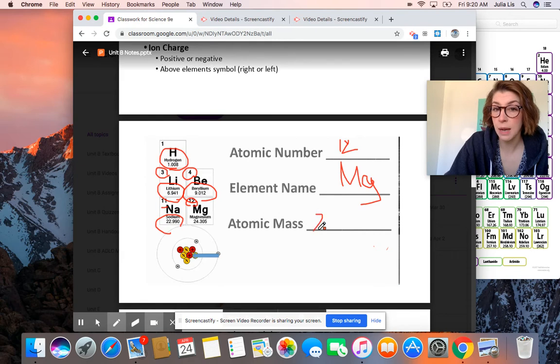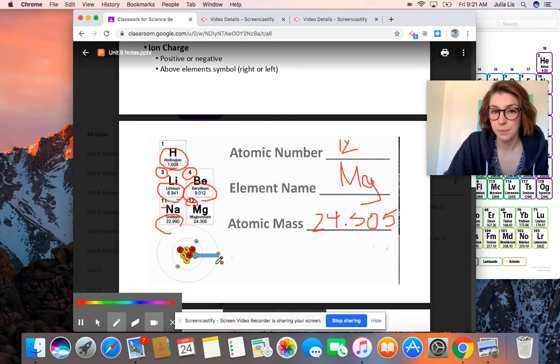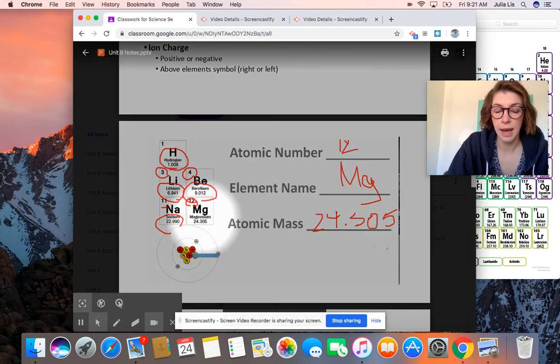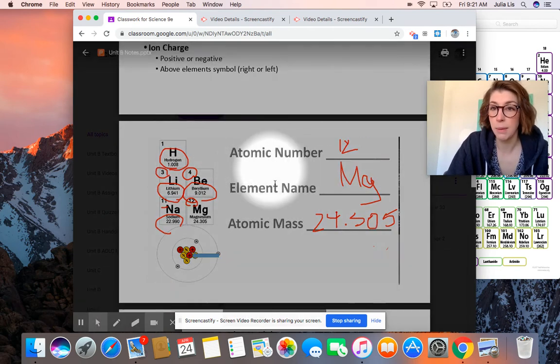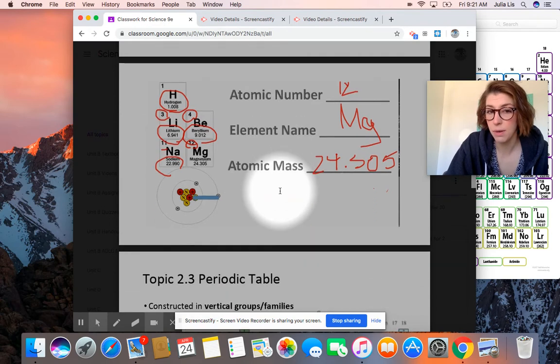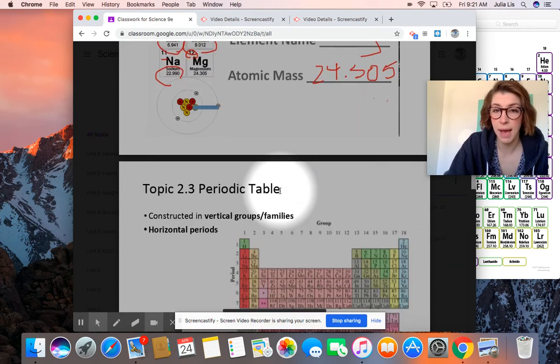And the mass, how much it weighs, is going to be 24.305. Okay. So that's looking at atomic number, element name and symbol, and then atomic mass.